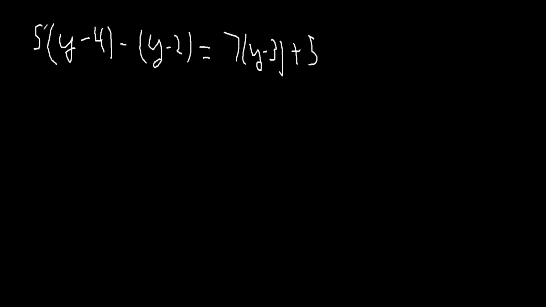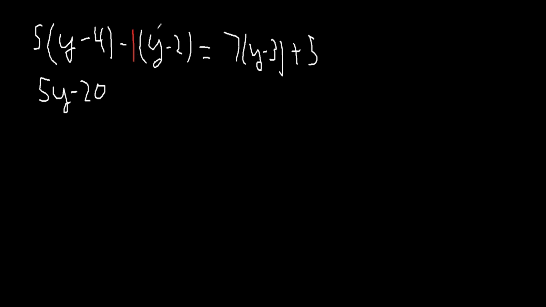So we have 5 here outside our brackets. So if we multiply that by each term inside our brackets, we have 5y. And 5 times negative 4 is going to be negative 20. Here our coefficient is negative 1.